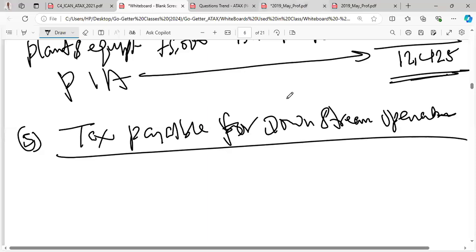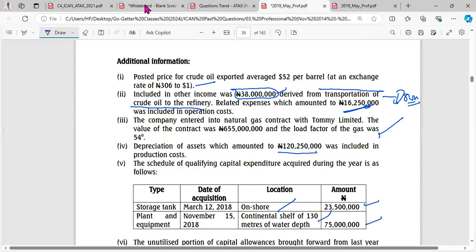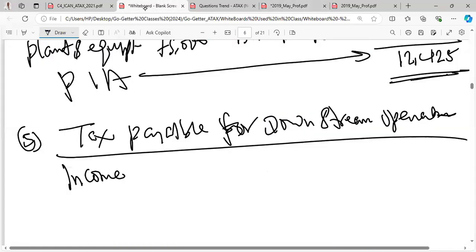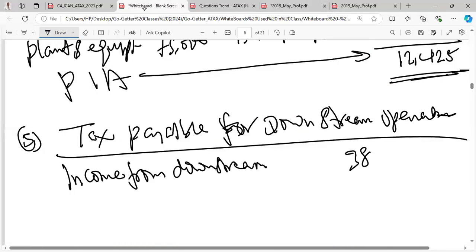We'll now go back to the question and we'll see those things we call downstream. Income from downstream. You remember we removed it before. How much was it here? 38,000.